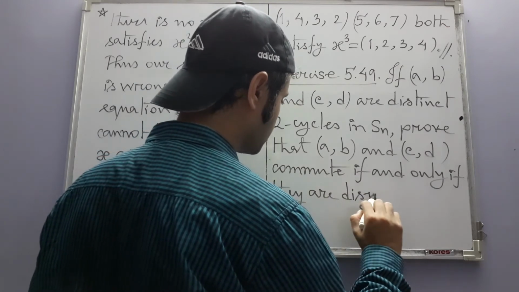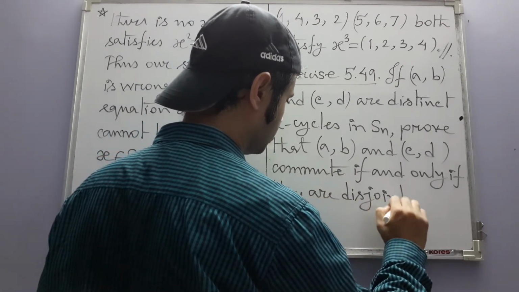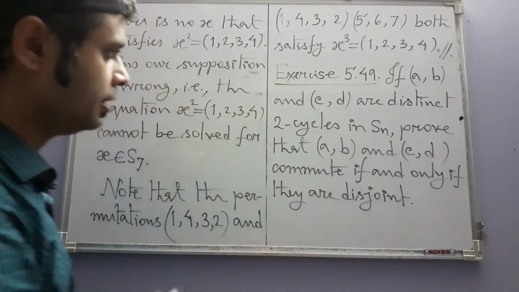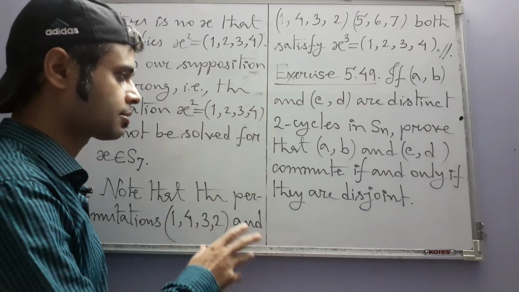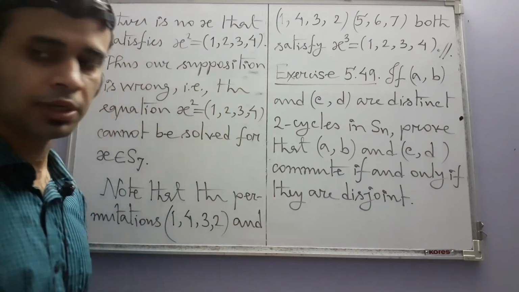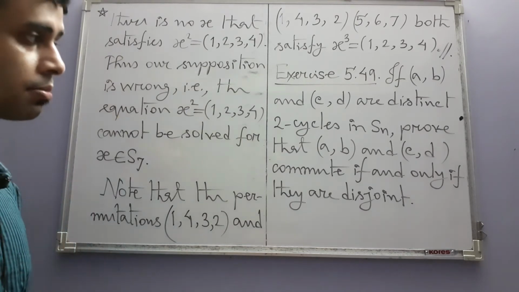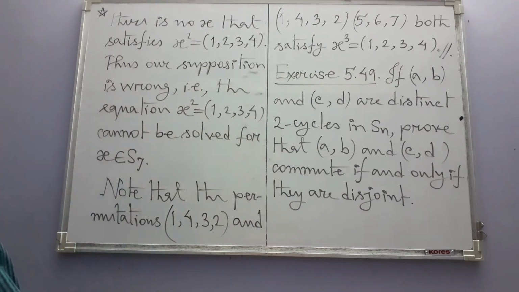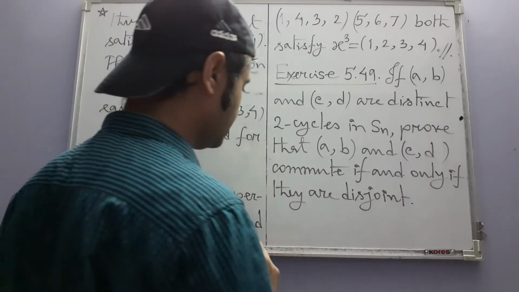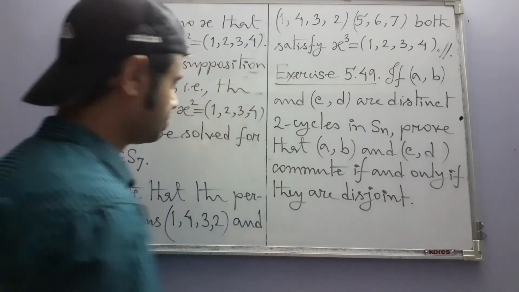Oh, so this thing that we have used here in general has now been asked to be shown in this particular case. The general case is also very easy if you think about it. But anyway, let's just see the solution.